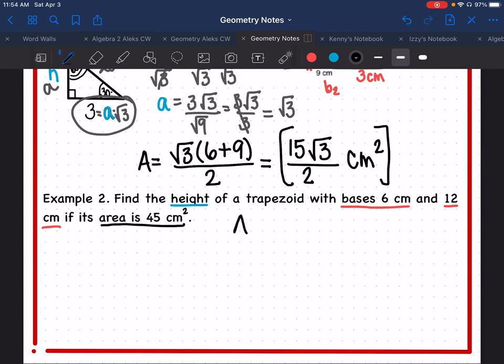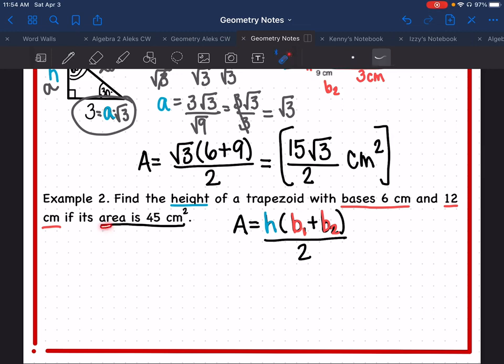So I'm going to use my area formula, write down the formula, and then plug into it everything I know. I'm going to go ahead and color code it.